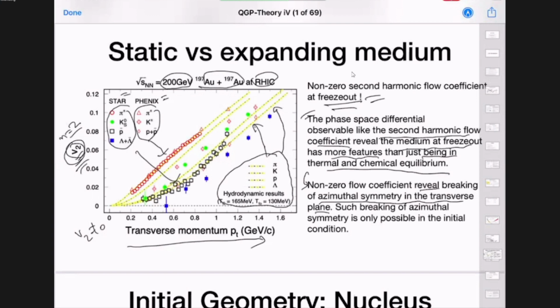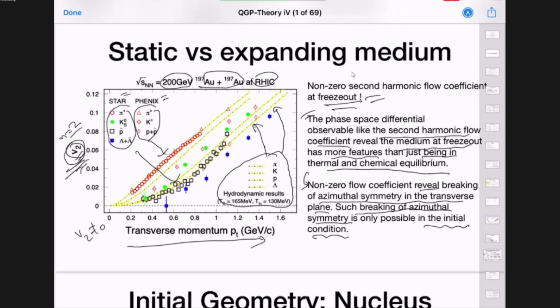Now, you might ponder what is the source of this azimuthal dependence. If such dependency on the azimuthal angle has come in, the only possible way is that it has to be in the initial condition itself, in the way the fireball is being created.